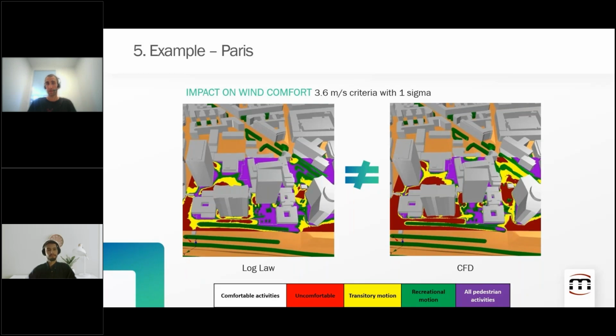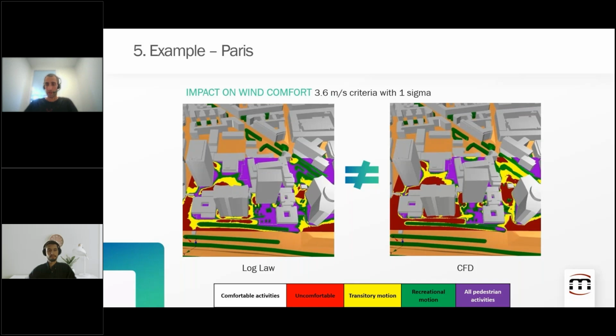Remember, it was 45% more wind speed versus, sorry, I don't remember the figure, but you have 27% more wind speed between these two approaches. So that's why you have different colors, and it makes a lot of difference in your data and your post-processing.